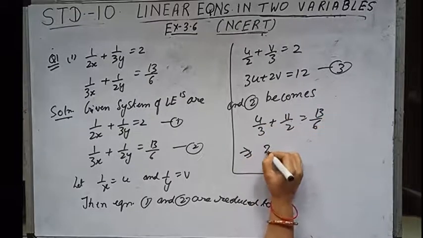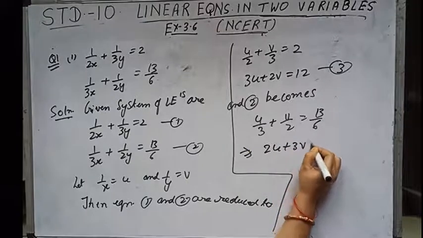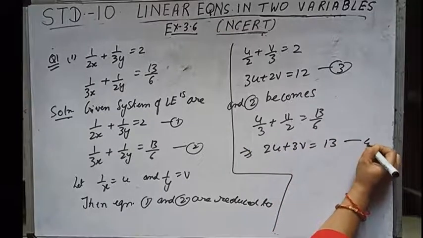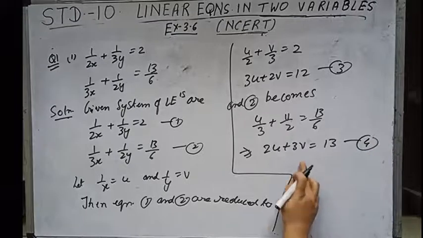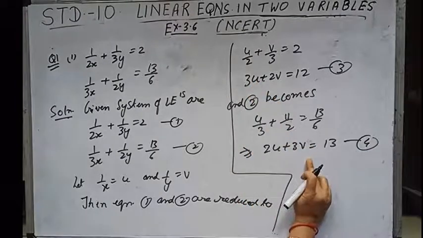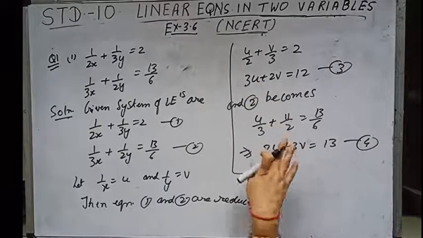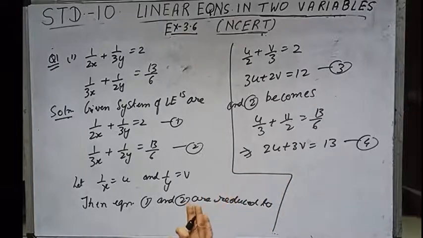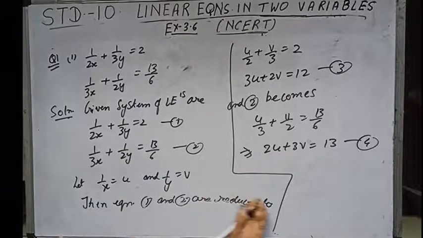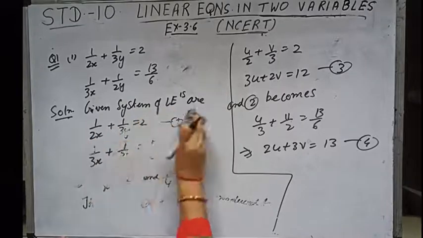This implies 2u plus 3v equals to 13. Let us make it equation number 4. Now we have got two simple equations in u and v. Now we will be solving 3 and 4 to get the value of first u and v and then x and y. So let us solve it.